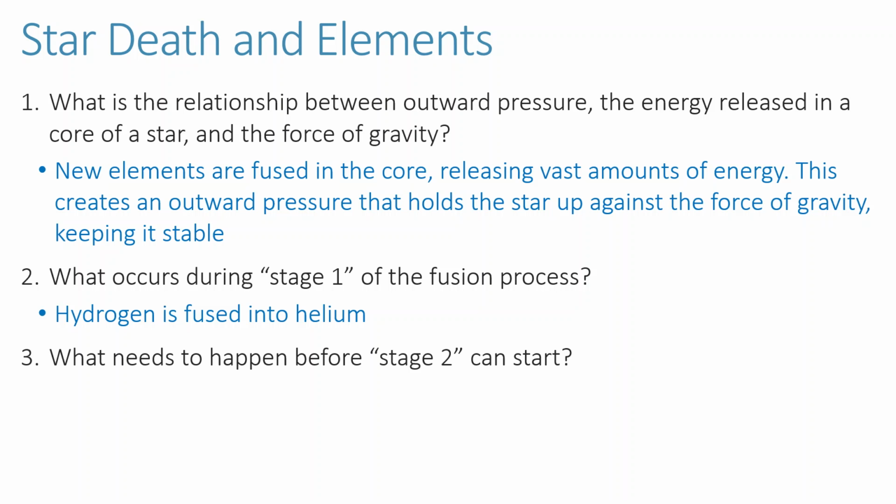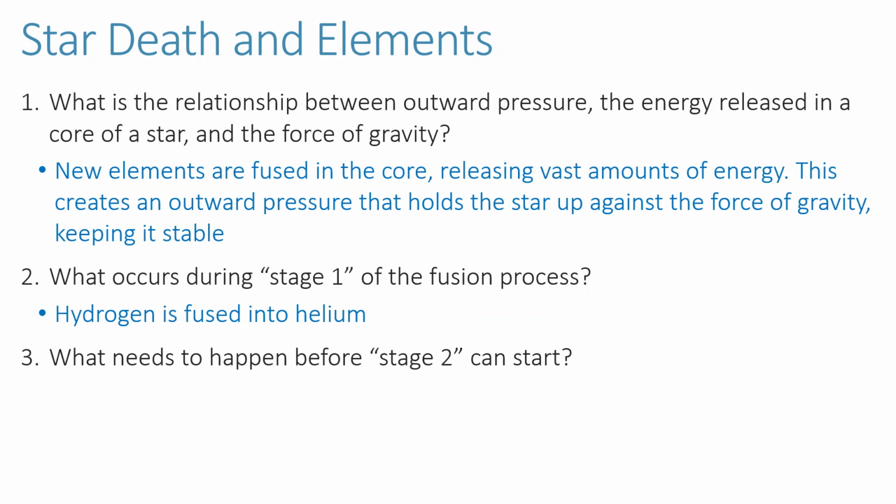So this fusion only happens at very, very high temperatures and pressures like we have in our sun. Our sun is currently in stage one. Every time two hydrogen nuclei fuse together, they release a whole bunch of energy, which you experience on Earth as the light and heat from the sun.